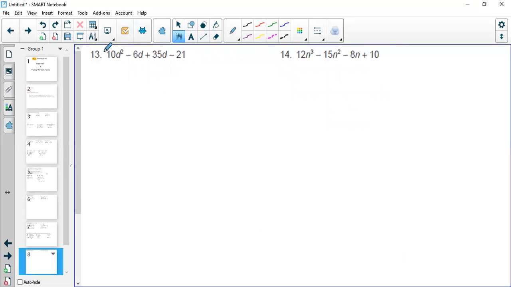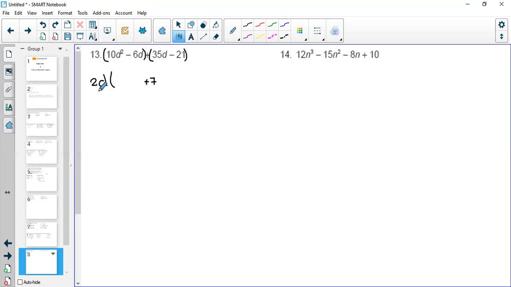Again, here you need to group them. So let's group them together. So the GCF of 10d squared and 6d is going to be 2d. And this is going to be 7. So the GCF of 35d and 21 is going to be 7.